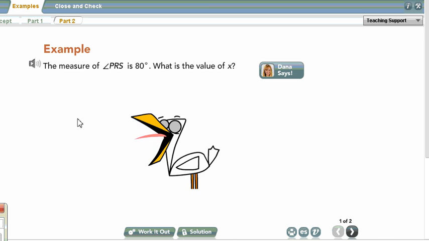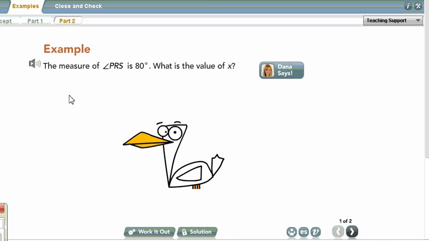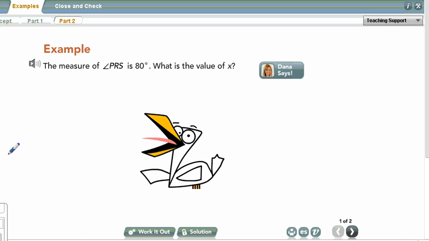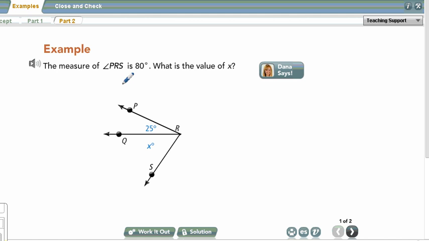So you could have had any of these combinations. Okay, so if we know the measure of PRS is 80 degrees, and we need to find the value of x. So let's see what happens here. PRS, this whole angle right here, is 80. So we know it needs to equal 80 degrees.